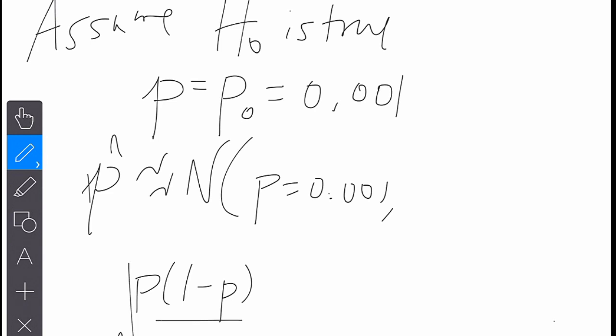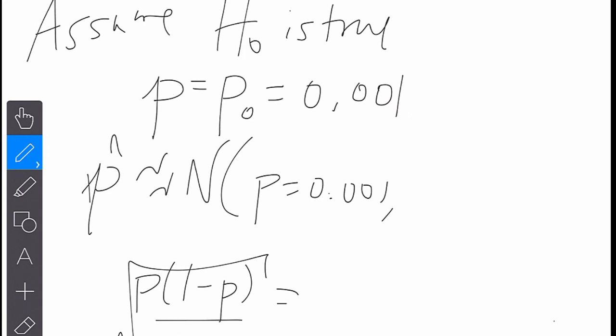So this is my new standard deviation for this exercise. And I'm only able to do this because I assumed I know p, okay? So this is using formula number 2 as though I know p, even though we don't know it for sure. We are suspicious, but we assume it to be true.